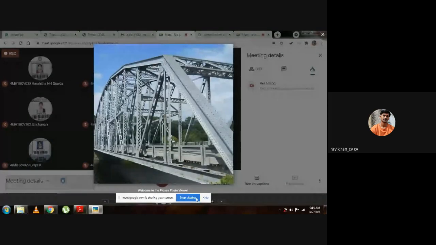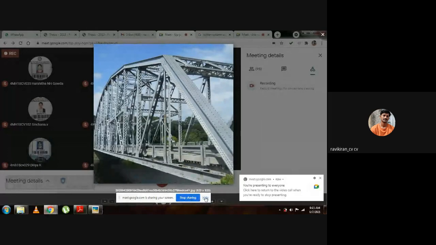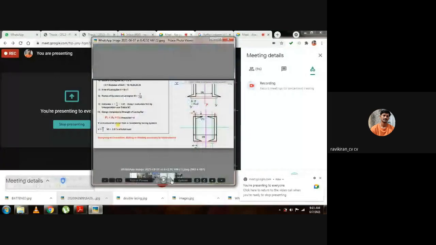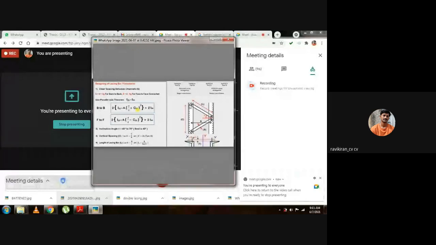And what is the spacing of the lacing? Spacing of the lacing means, see here in this picture, the vertical distance C is the spacing of the lacing.